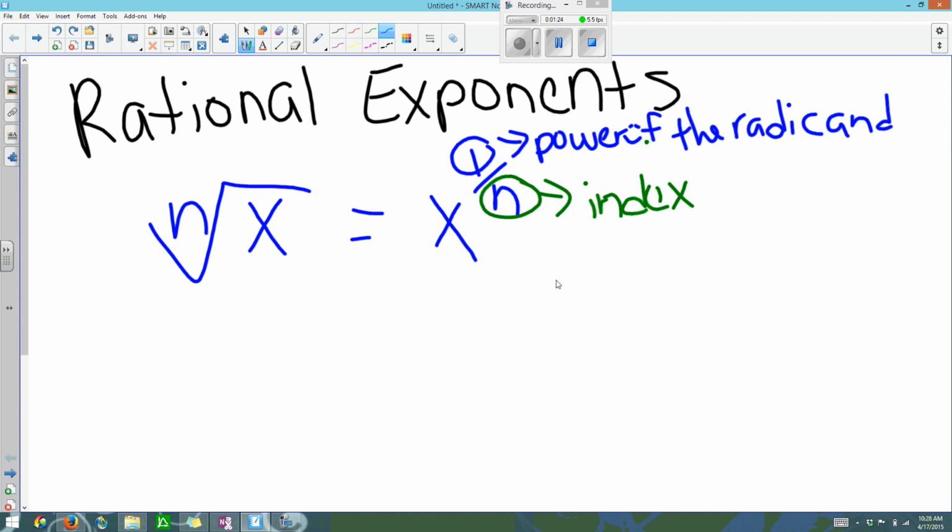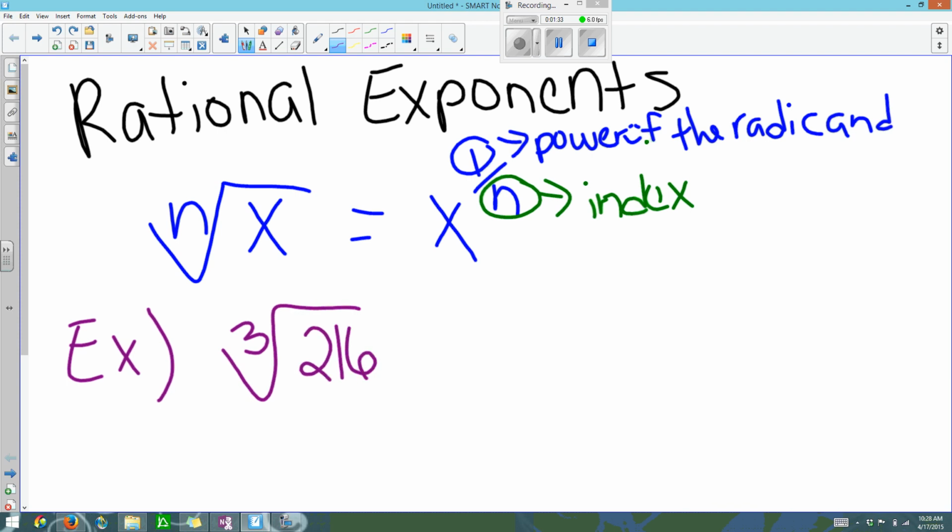Okay, so here's an example. I want you to rewrite the cube root of 216 as a rational exponent.